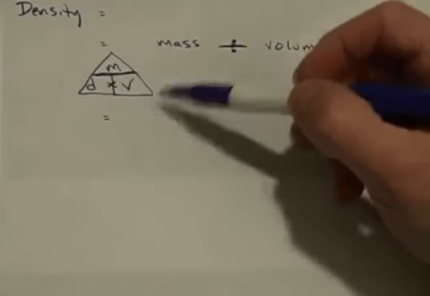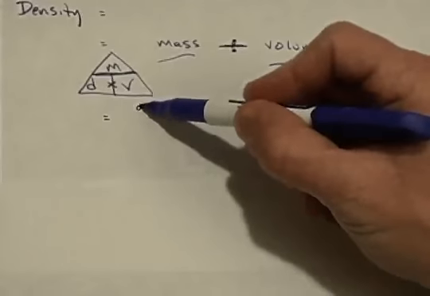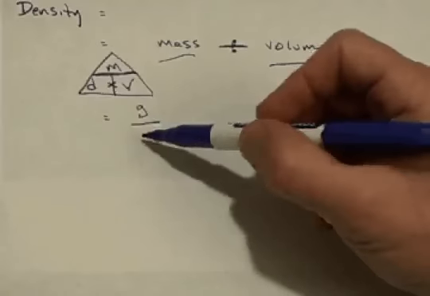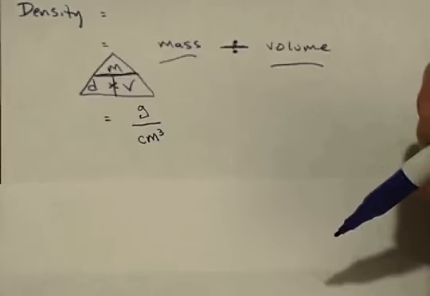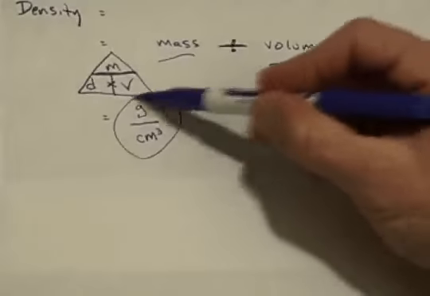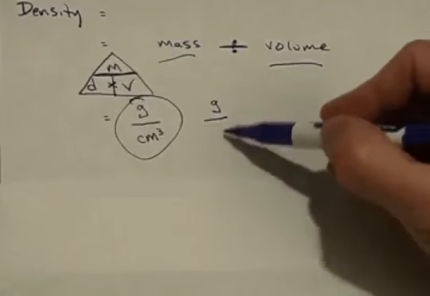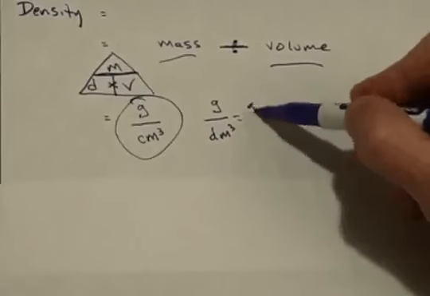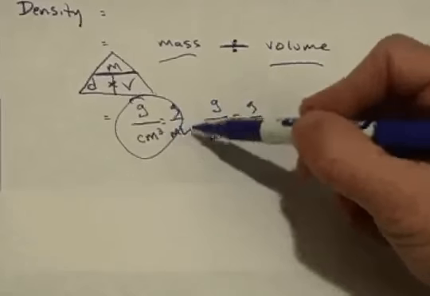Since density is mass divided by, or per unit, volume, mass we generally measure in grams or kilograms, and volume we generally measure in milliliters, which remember is also a cubic centimeter, or we measure it in liters. And so we'll see density lots of times either in gram per cubic centimeter or gram per cubic decimeter, which remember is the same as a gram per liter, and this one of course is the same as a gram per milliliter.